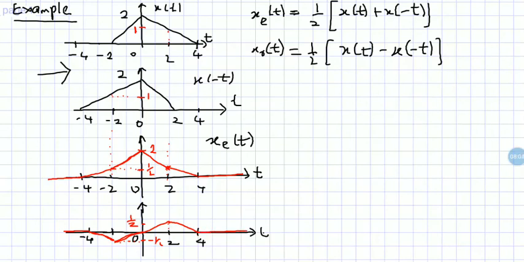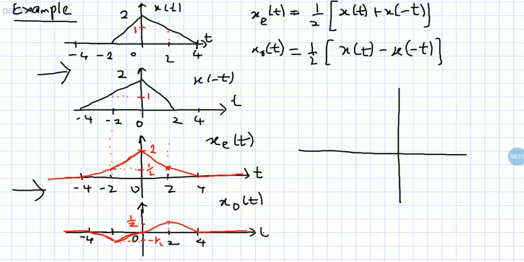Again you can check by adding the two signals together, the odd and the even components. From left to right, you add the two signals together. From minus 4 until minus 2, you have half plus minus half, so you get 0.